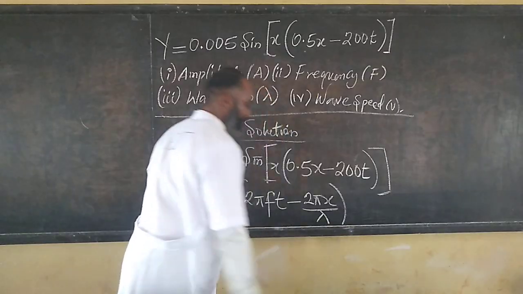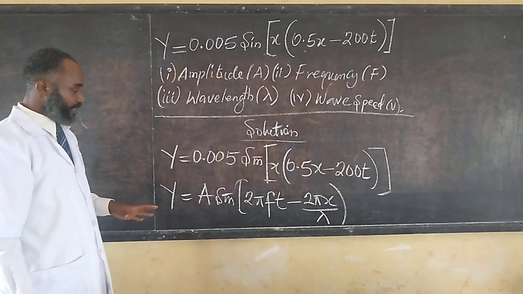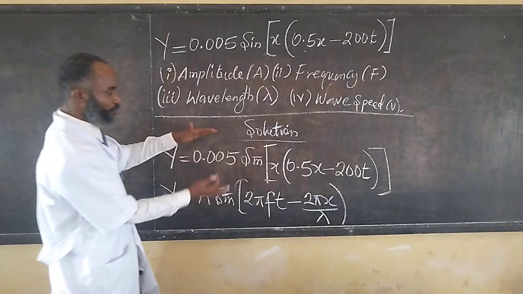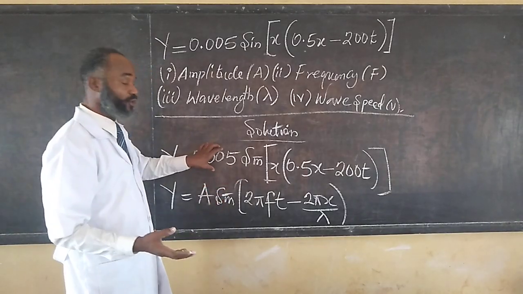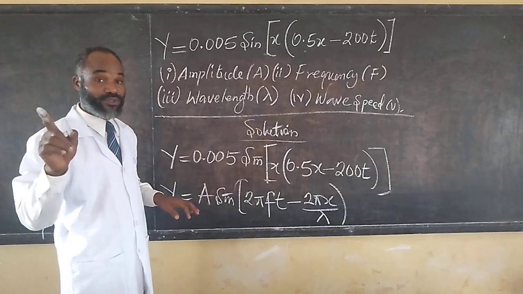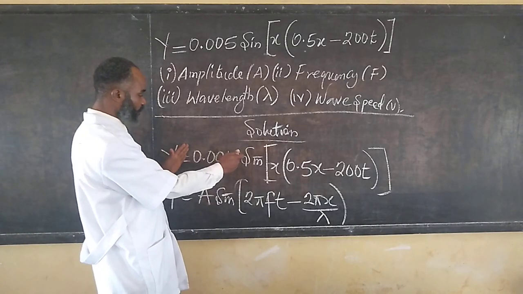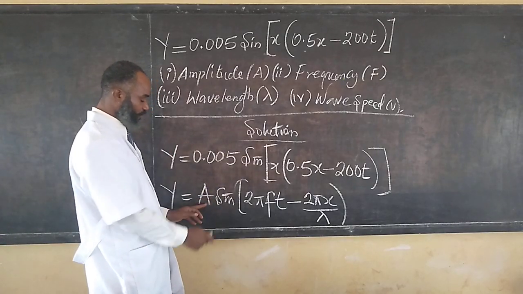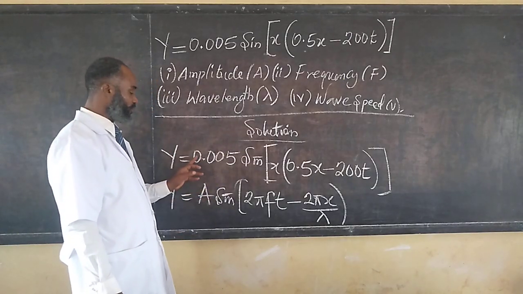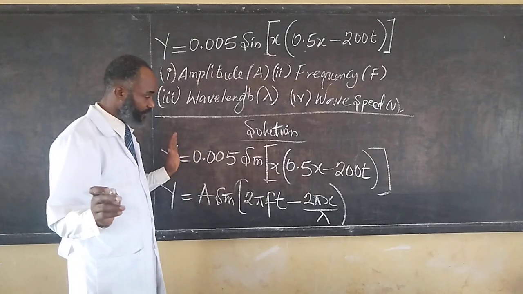With this, we can compare the two equations and find where the amplitude of the wave particle falls. The amplitude A is equal to 0.005 meters.